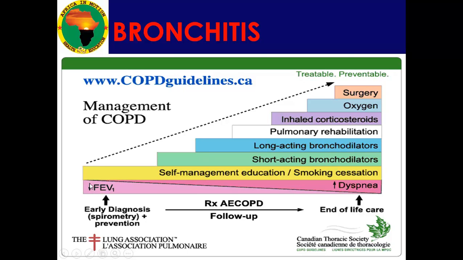You can see here, as the lung capacity goes down, the more dyspnea goes up, the more difficulty in breathing goes up. And when it is too high, it is very bad. In the late stage, end stage of respiratory failure, it can even need surgery.